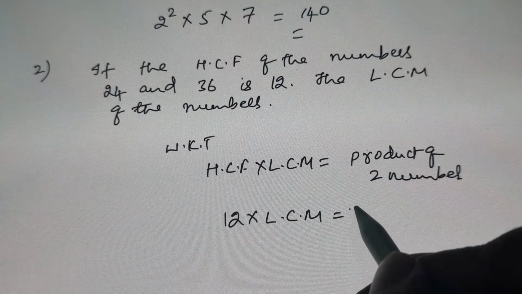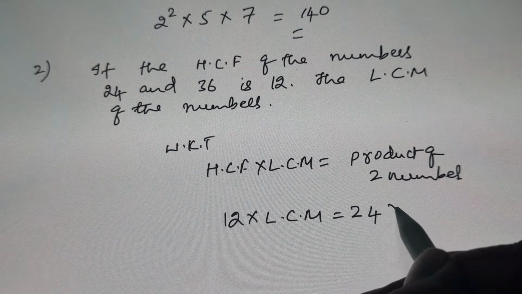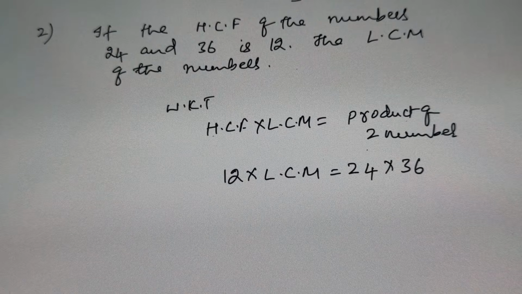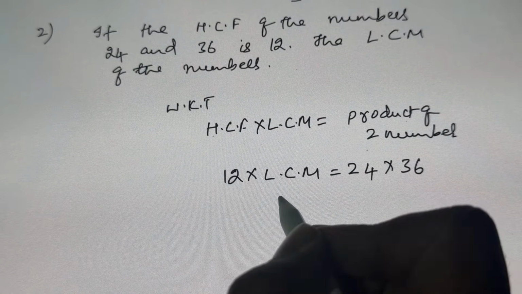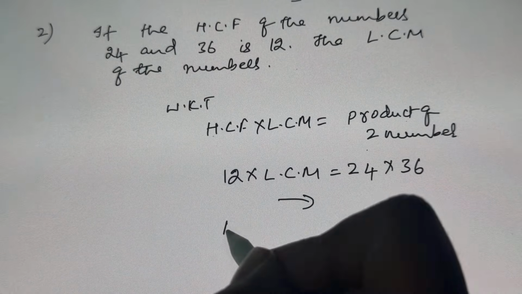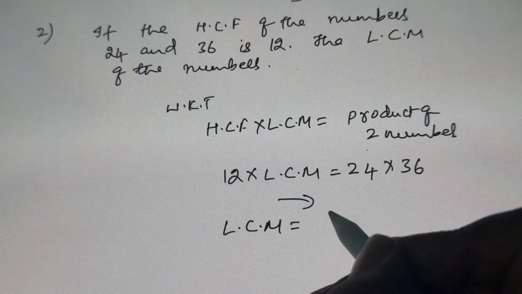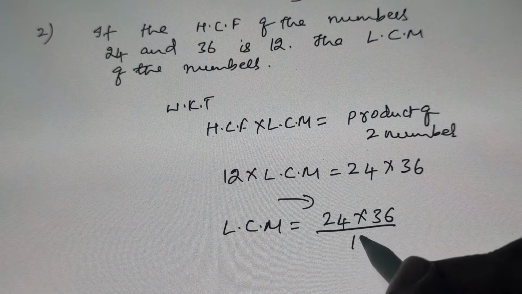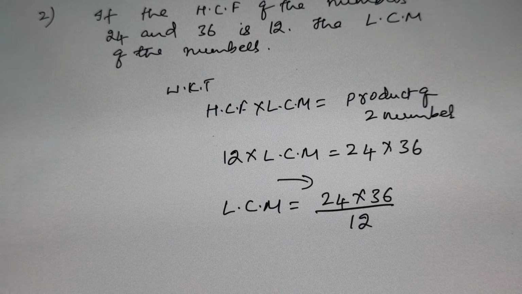The given numbers are 24 into 36. Cross multiply, we get LCM is equal to 24 into 36 divided by 12.